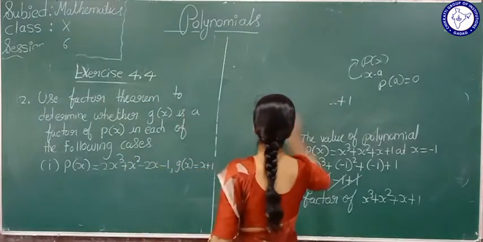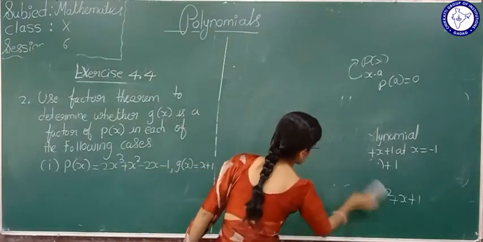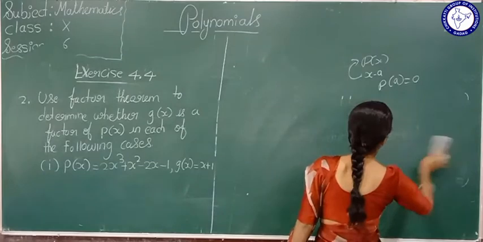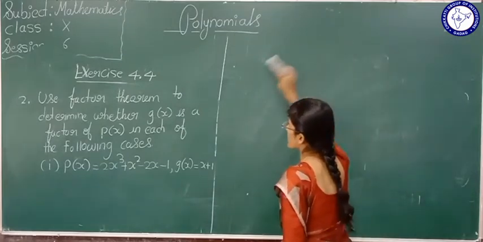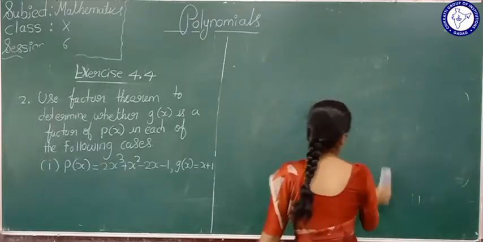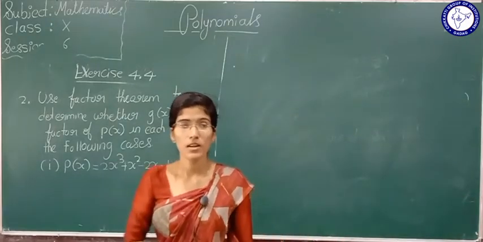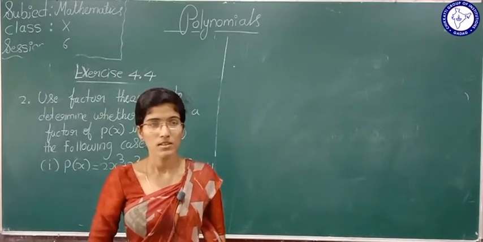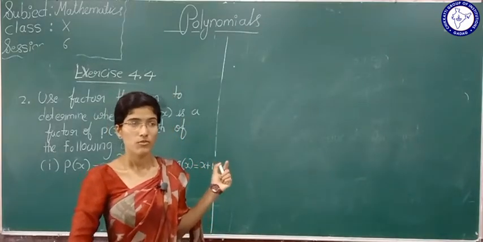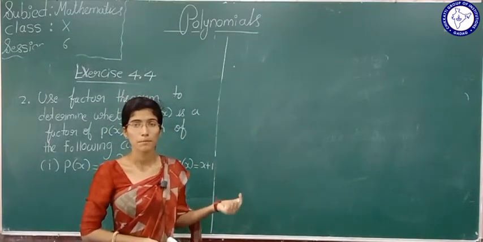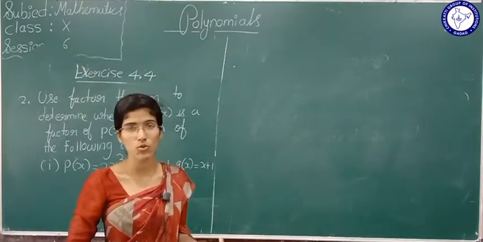Now see here, you have to use the factor theorem, but to find the remainder you are using the remainder theorem. What does the factor theorem tell us? If x minus a is a factor of a polynomial, then what is the condition? P of a will be 0.